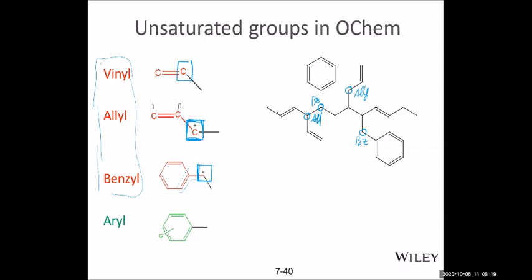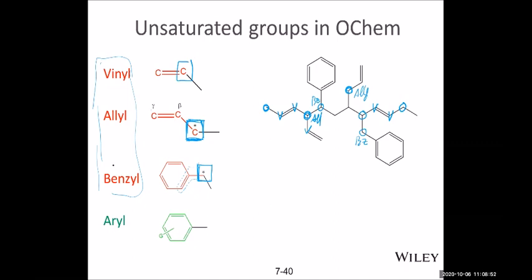These are the vinyl carbons. Allyl carbons are circled. Allyl and benzyl are very similar. And there's more allyl. This is also allyl. These are all the allyl groups, allyl carbons. And this is also allyl. Discussing this will help us understand the stability of the carbocation.